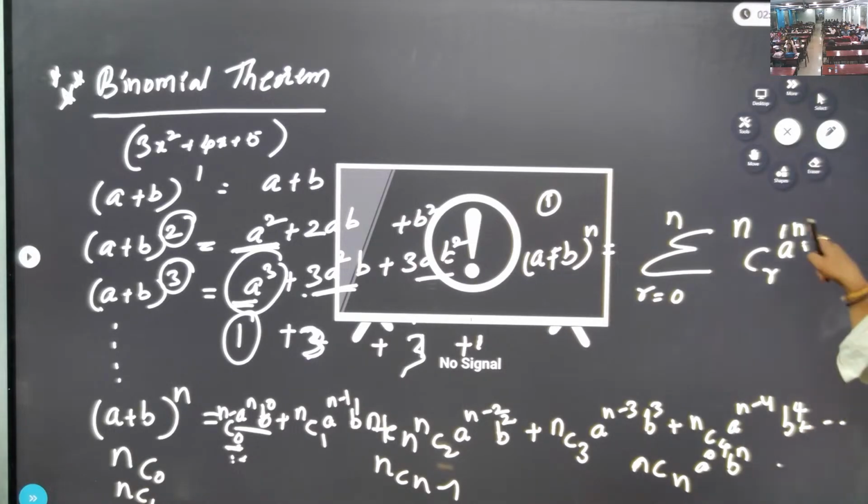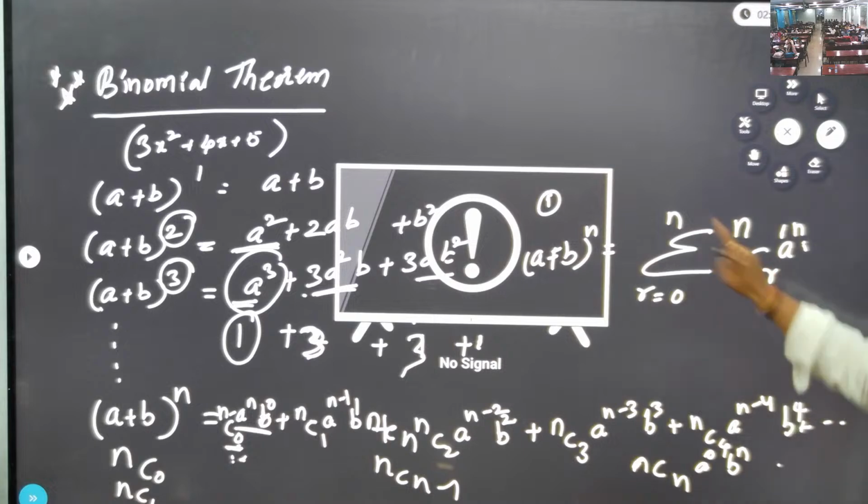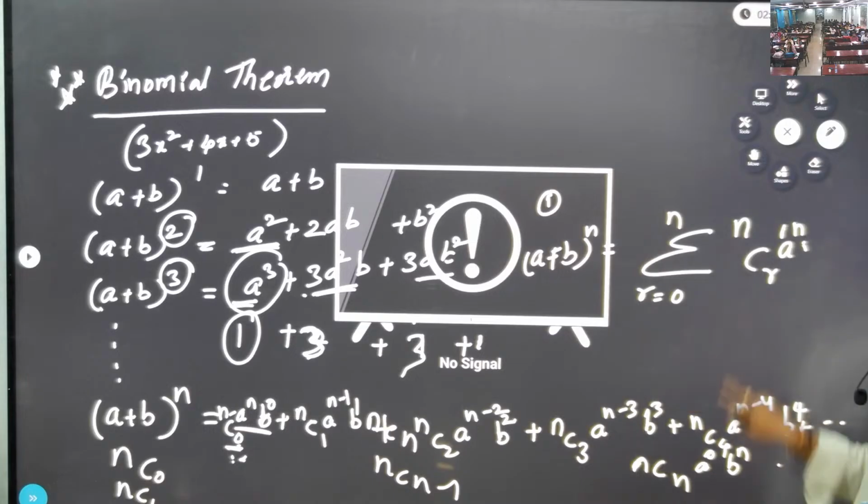A power n minus r. If your r value is 0, what is your a value? You are calculating for the first term.